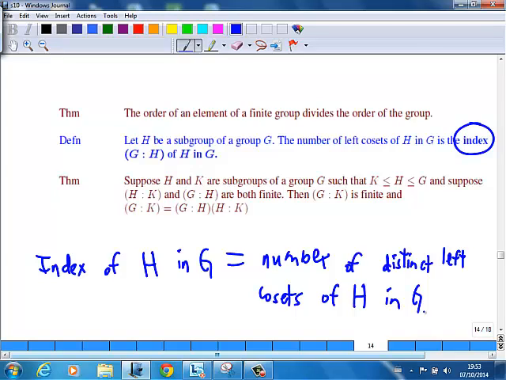Count the different ones, and this number is called the index. Is there a way to count how many left cosets there are? It's actually very easy. If you have a finite group, you just take the size of G over the size of H. That is the index of H in G.